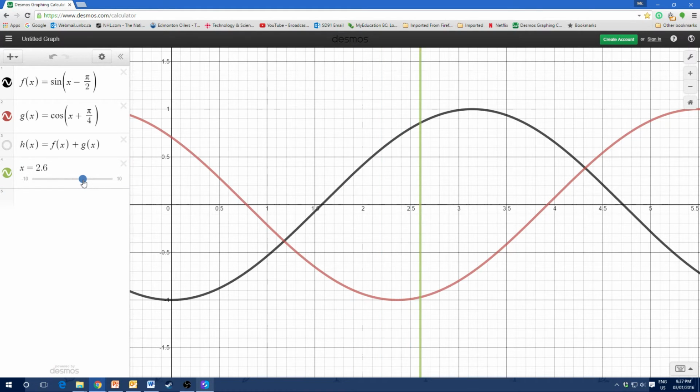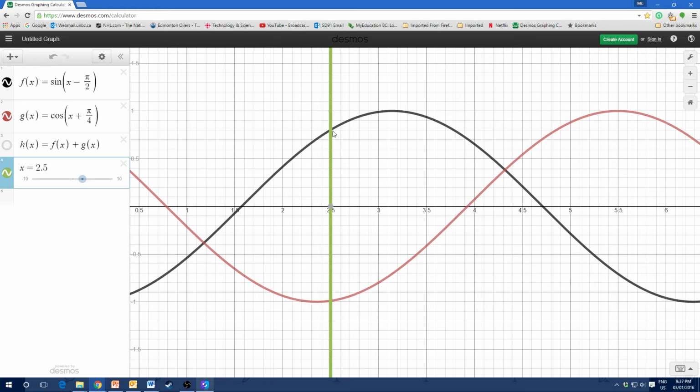So these two are kind of opposing each other. As I move my line to the next point, let's say here, f of x is really positive, g of x is really negative. And at this point, if I add the two waves together, 0.8 plus negative 0.99, the resulting addition of the waves is going to make them smaller, because that ends up being a very small number.